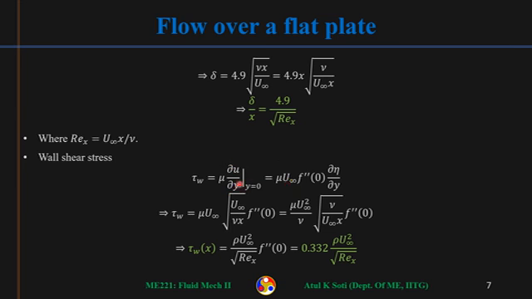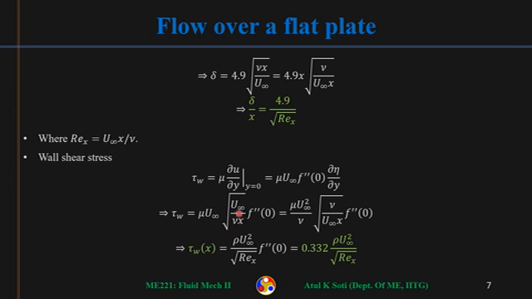So del u by del y I can write as del u by del eta times del eta by del y, and del u by del eta will be simply u infinity into f double prime, and then y equal to 0 means eta equal to 0. So this thing will give me this times del eta by del y, and del eta by del y is simply this, square root of u infinity by nu x.